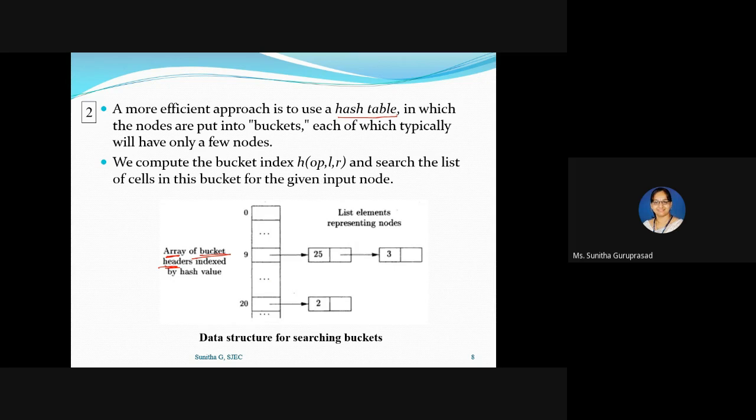Whenever we create a bucket of a hash table, we usually need a hash function called h. This hash function h computes the index of the bucket for any signature OP, L, R. Suppose you have a node plus with the left child as 1 and the right child as 2.